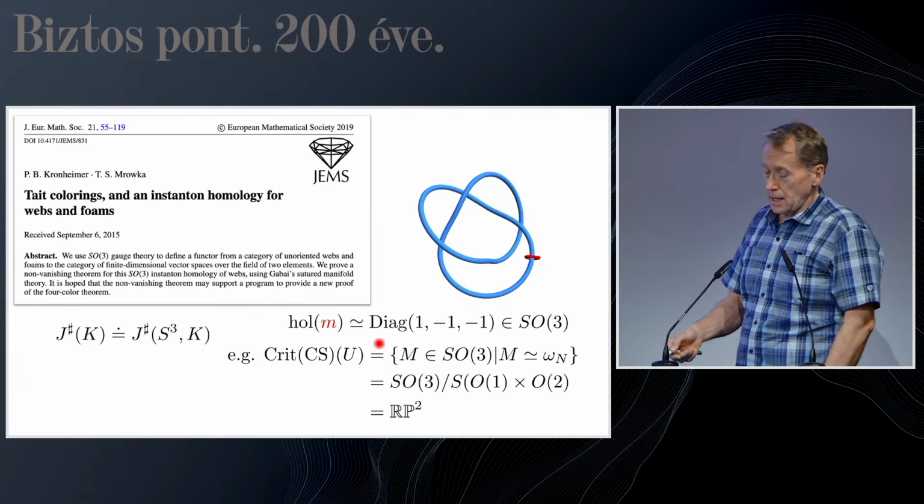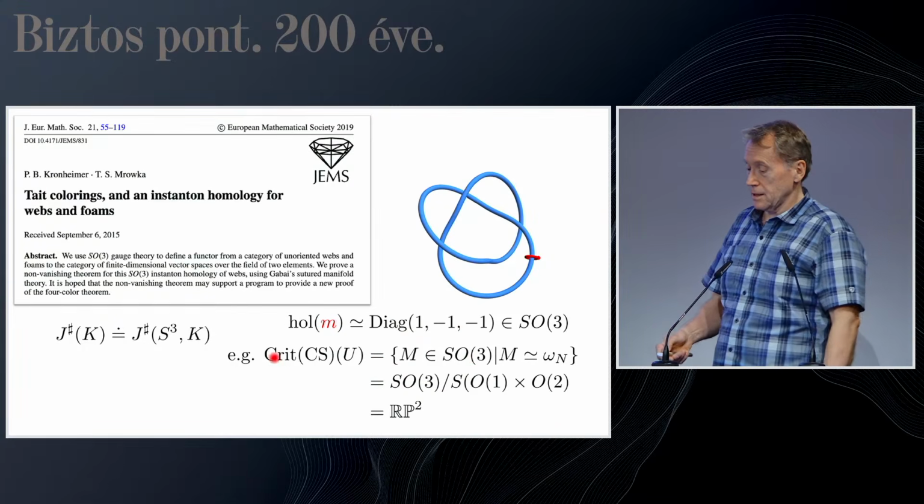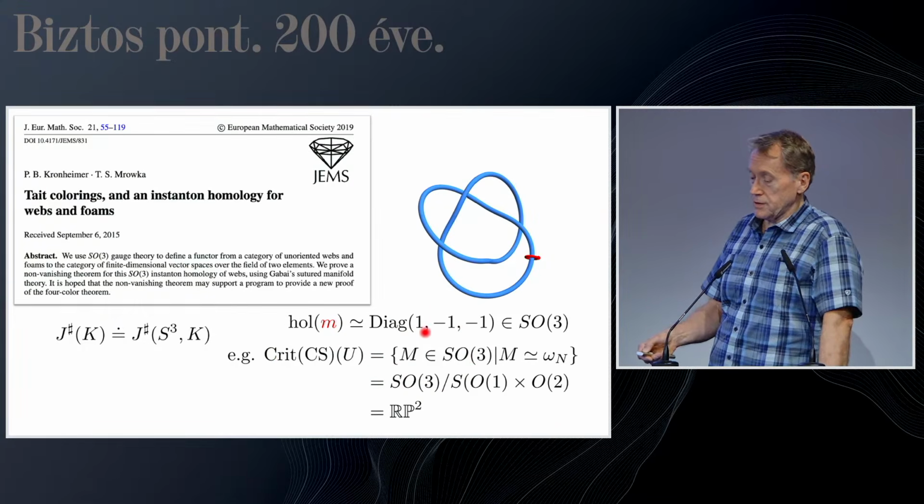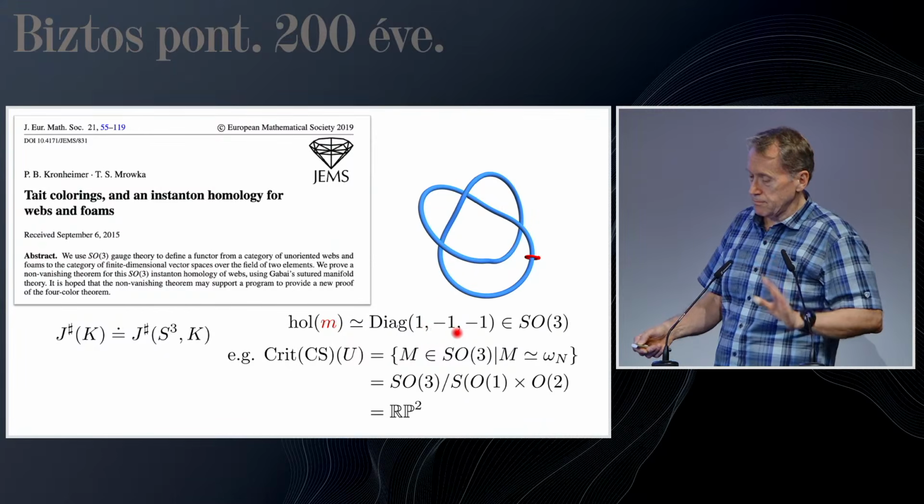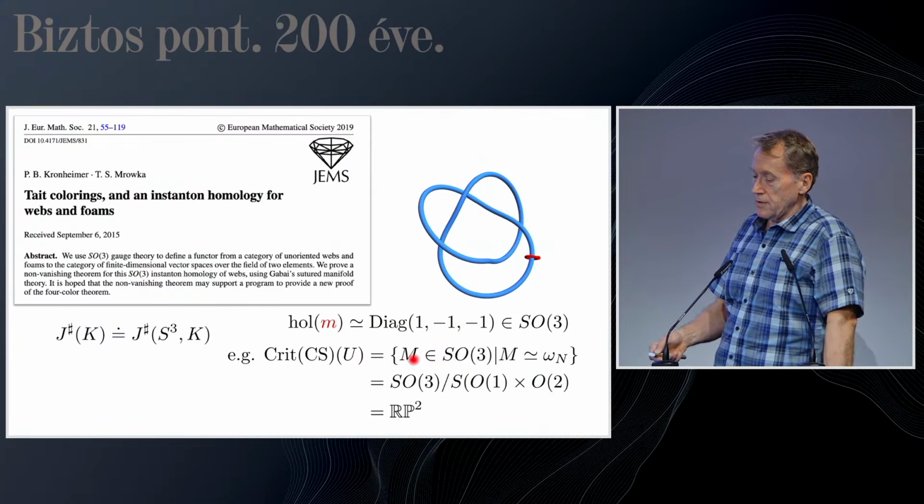Obviously, the critical set for the unknot, there's the base point in mind, is just all conjugates of this matrix, which is a copy of RP2 inside SO3.